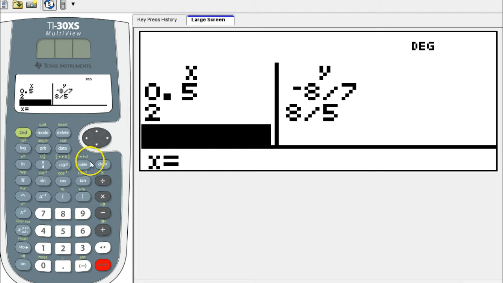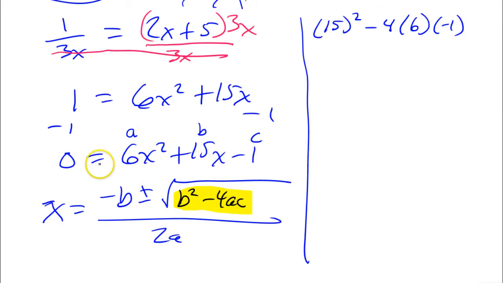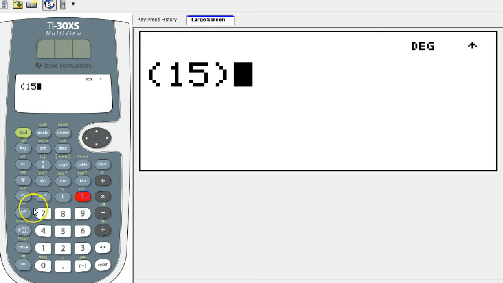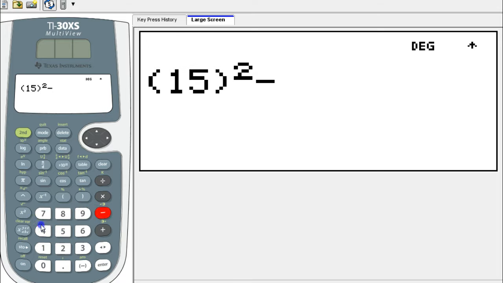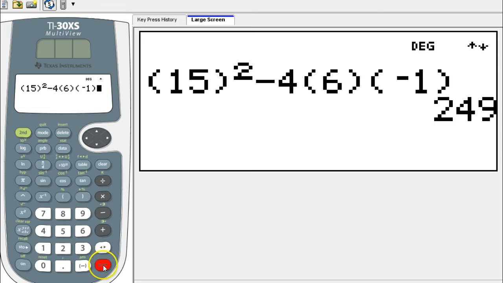And I usually just put that whole thing in my calculator. I heard Chloe saying that was going to be 249. So everyone should have gotten 249 for your discriminant.